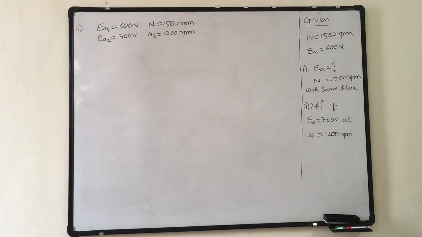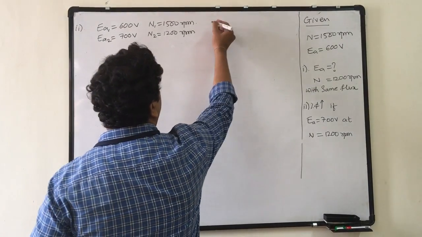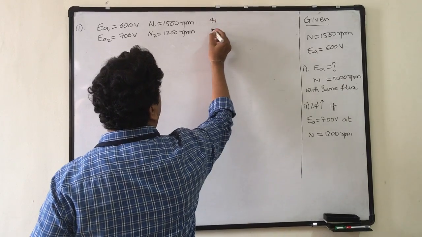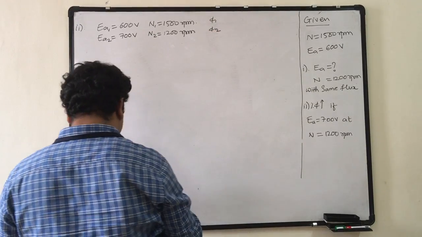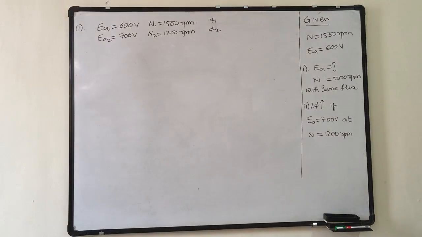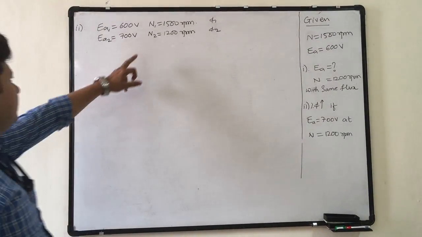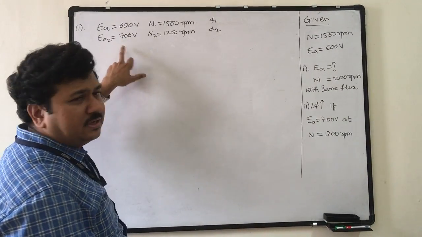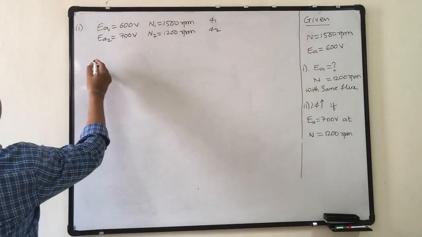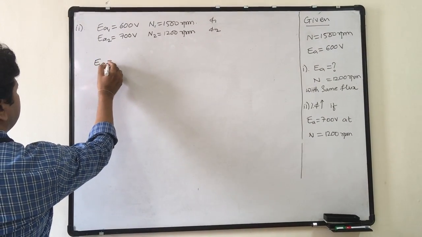because the flux is not the same. So here I have phi 1 and here I have phi 2. Observe that the speed has reduced but the voltage has increased.